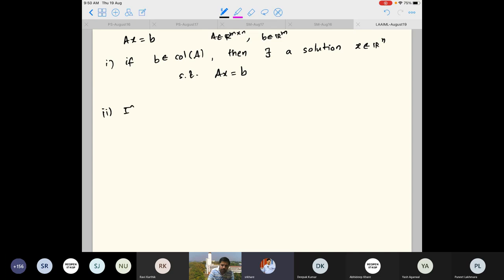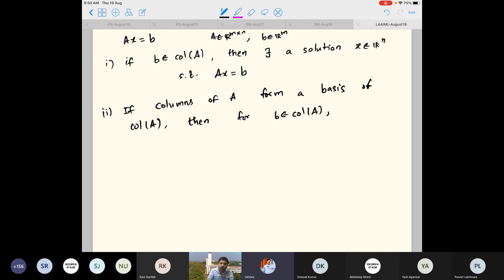And if the columns of A form a basis of the column span of A, then for a vector b in the column space of A, not only does the solution exist because it's in the column space, the solution is unique.